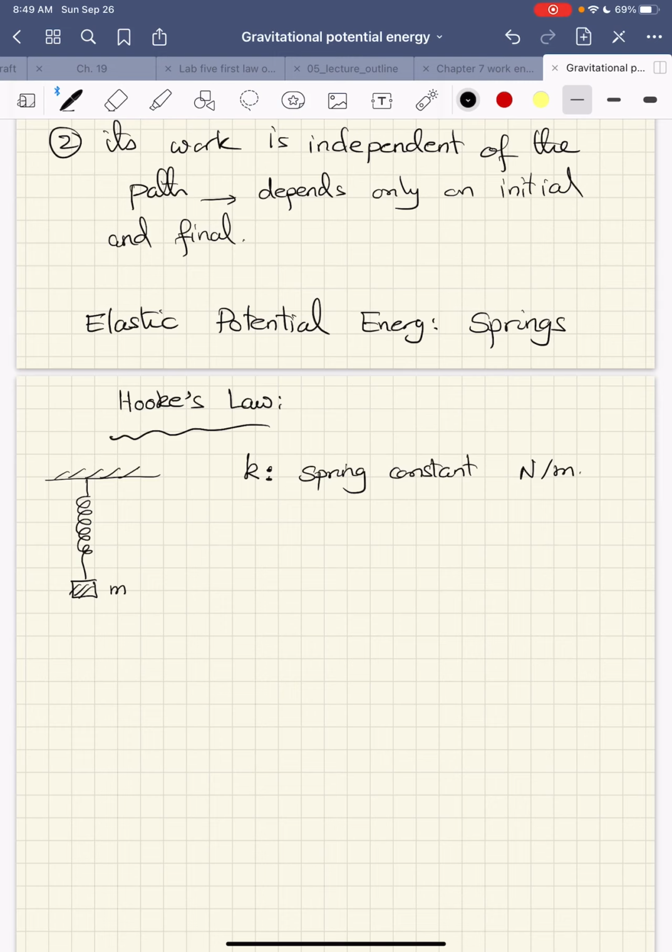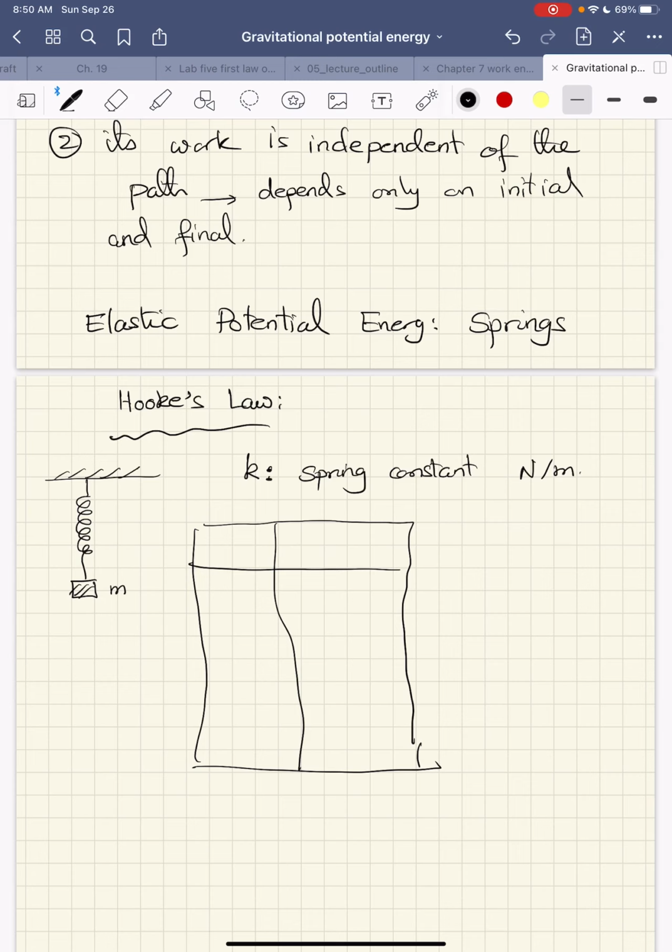Now, for any spring, if I change the mass, I'm gonna give you numbers, okay? Just making numbers easy. Let's assume I have a stiff spring, and I add 1 kilogram, 2, 3, 4, 5, and then I measure how much it stretches.